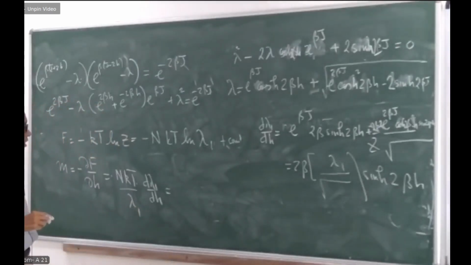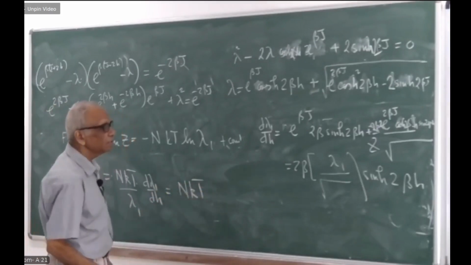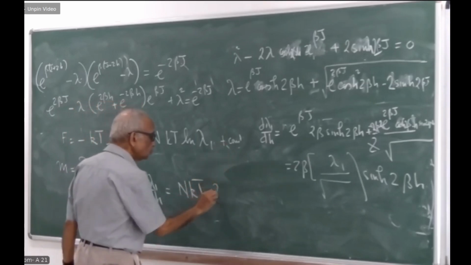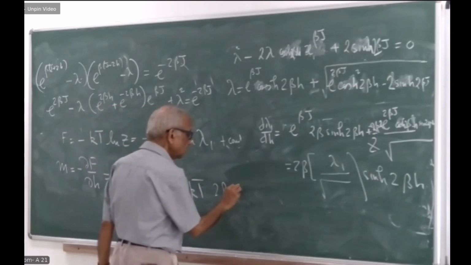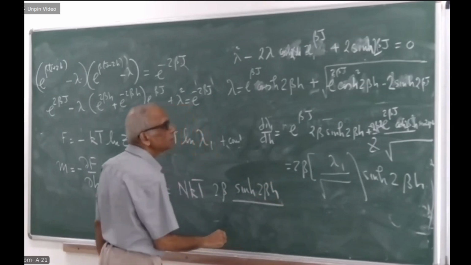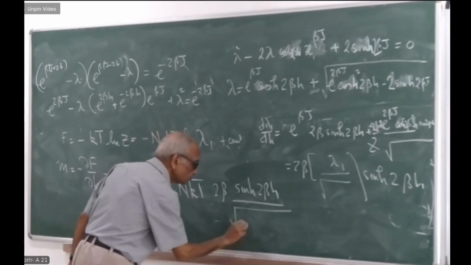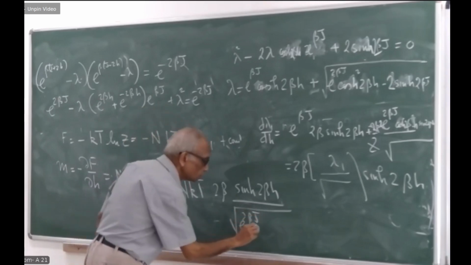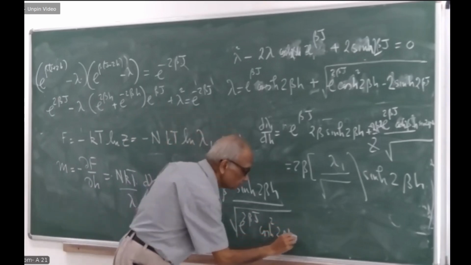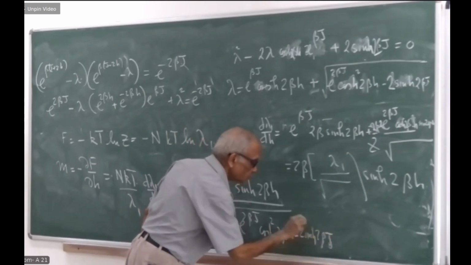So d lambda 1 by lambda 1 is 2 beta, then there is the sine hyperbolic 2 beta h divided by the square root of e to the power 2 beta j cos hyperbolic square 2 beta h minus 2 sine hyperbolic 2 beta j.